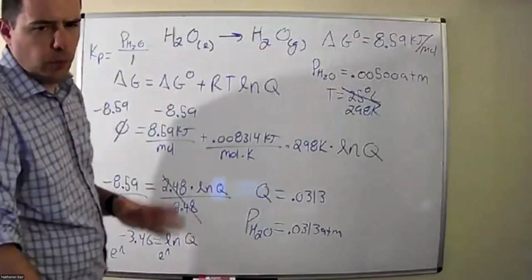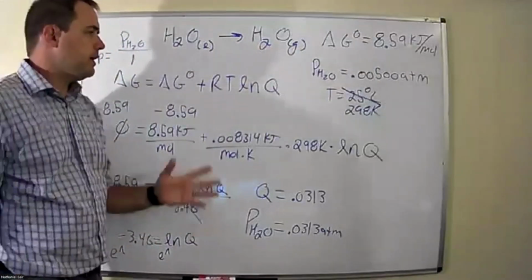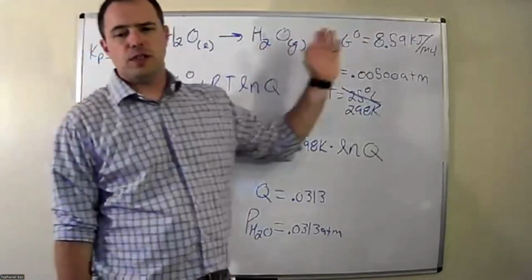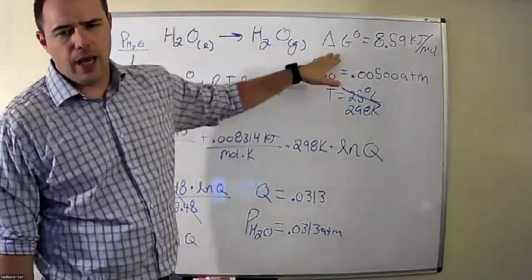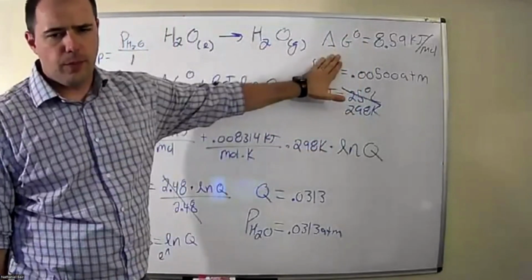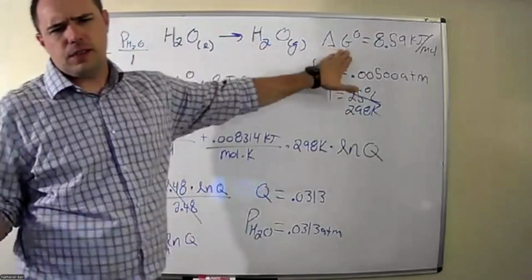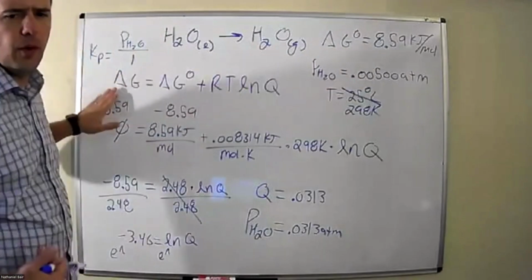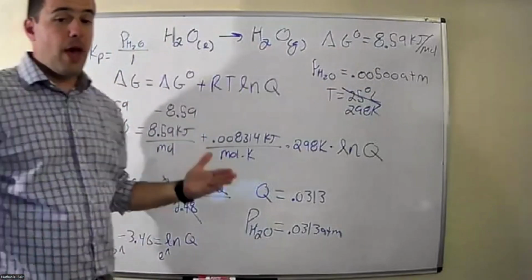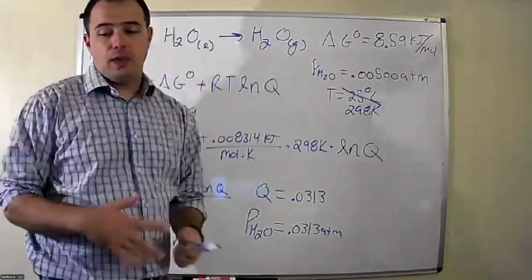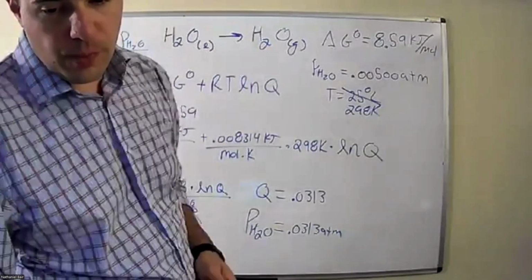So this is an important formula. What it allows you to do is to take these sometimes silly delta G standards. No one's ever at a full atmosphere of water vapor, of steam. That's insane, right? These are silly values. It allows us to take these silly values, turn them into something far more meaningful, right? Like what am I at right now? Okay, so you could see that. What we get? 0.0313.